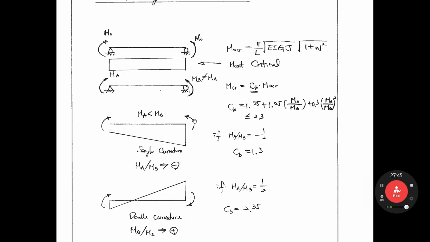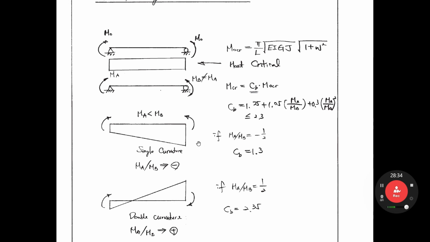Let's look at this case. The magnitudes of the moments at both ends are different, MA and MB. It still makes a single curvature, right? It deflects like that. It is called single curvature. So in the single curvature case, MA over MB is negative, we use minus. If MA over MB equals minus 1/2, and we input these, the Cb value is 1.3.